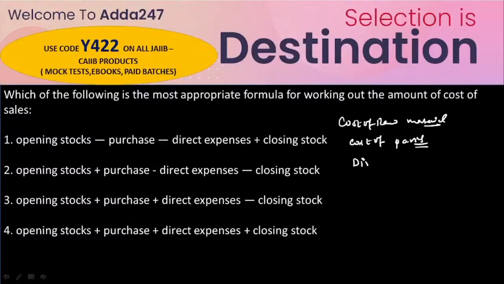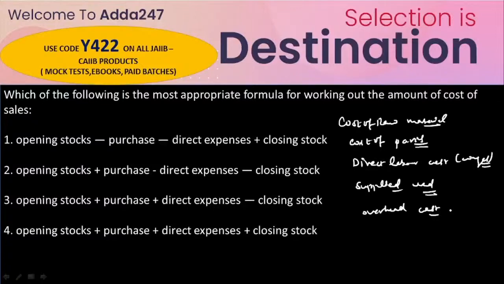Another one is direct labor cost, the wages given to the laborers in our factory for producing the goods. Any supplies used in making the product are also direct expenses. Any overhead cost utilized for the specific manufacturing site is also a direct expense.